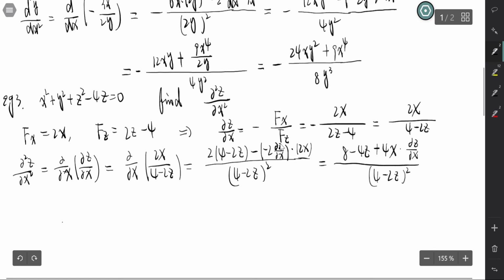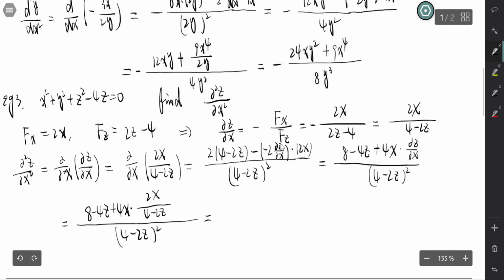And we insert the partial z partial x. That is 8 minus 4z plus 4x times partial z partial x, where partial z partial x is 2x over (4 minus 2z), over the denominator (4 minus 2z) squared.